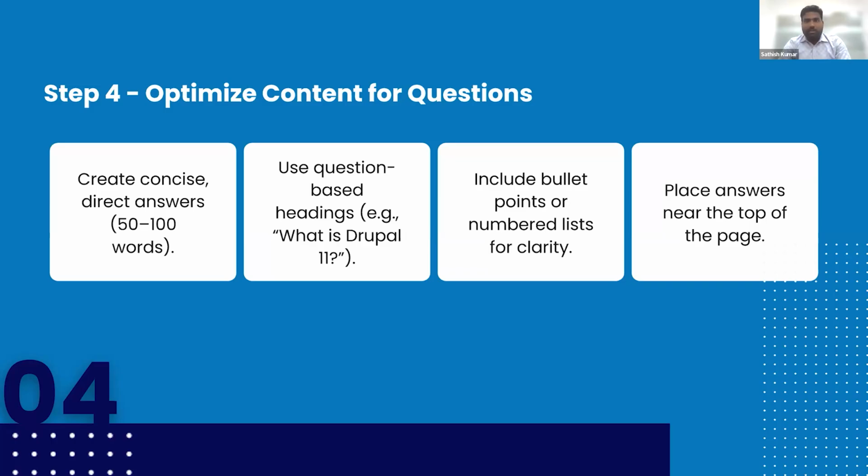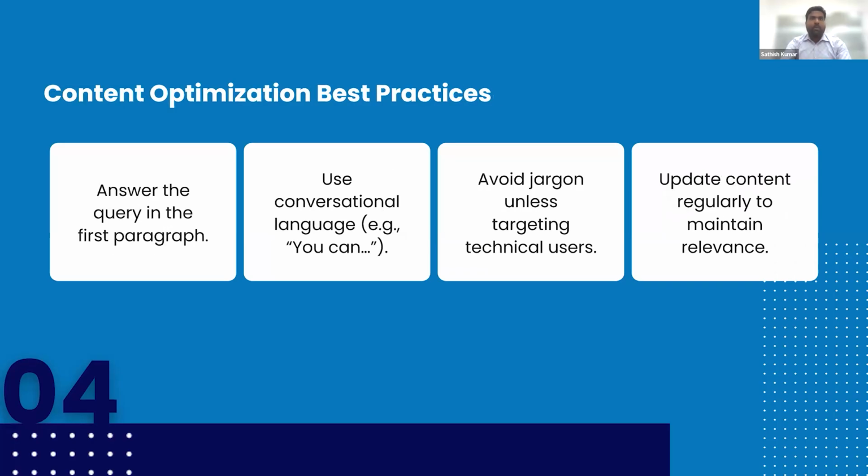Try to add headings on each of your pages, bullet points, which again are more welcome for these answer engines, and place answers on your page. So that's again rewriting your website. And some of the best practices: try to add those answers in the first paragraph itself, like answers to questions in the first paragraph.